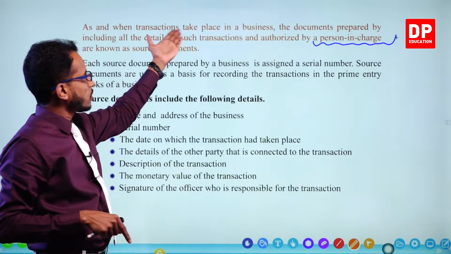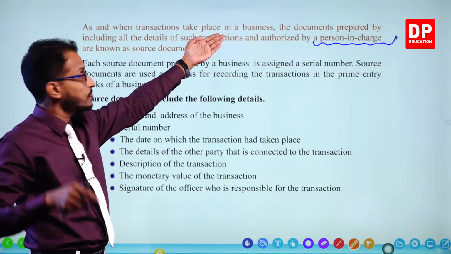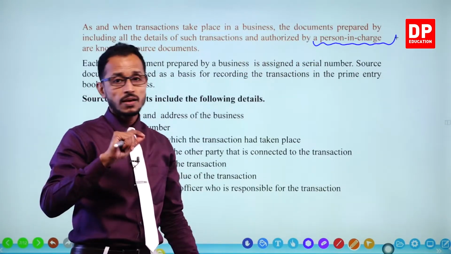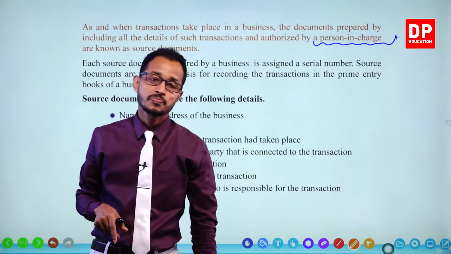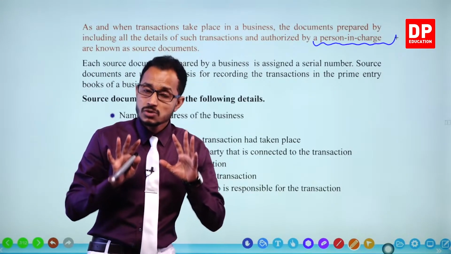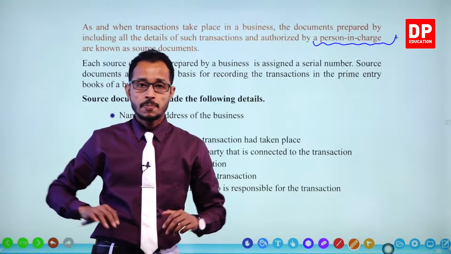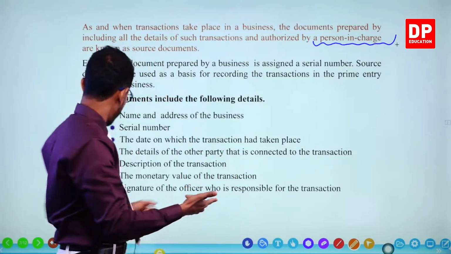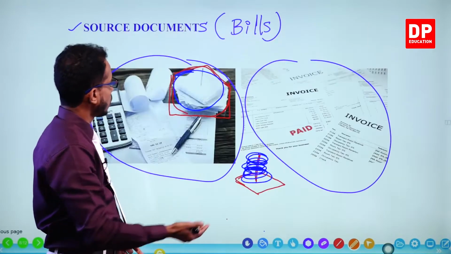But what you should bear in mind is for every transaction there must be a bill or a source document. When a source document is created, it can be piled up in this type of a tool.